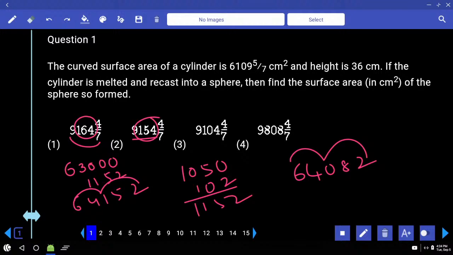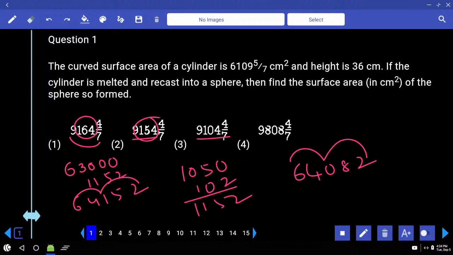It is not 11 multiple. This is 60 less. So 420. If you subtract 420, it will become 63,732, isn't it? 13, 15, so it is not 11 multiple.